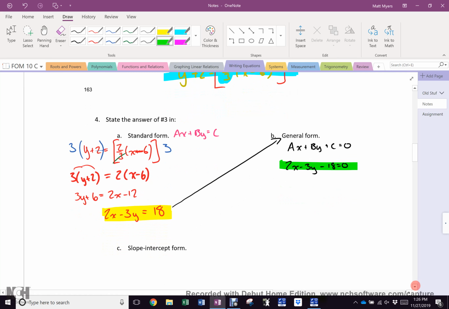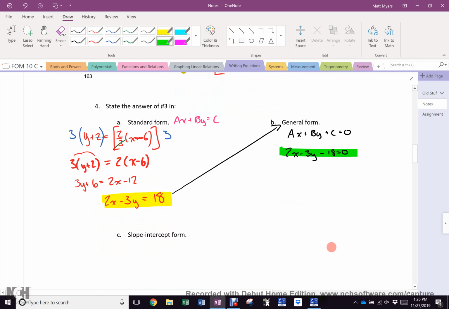Now, slope-intercept form. You've got all kinds of options. But I personally find it easiest to go from general or standard form to slope-intercept form. That's just my move. Okay?